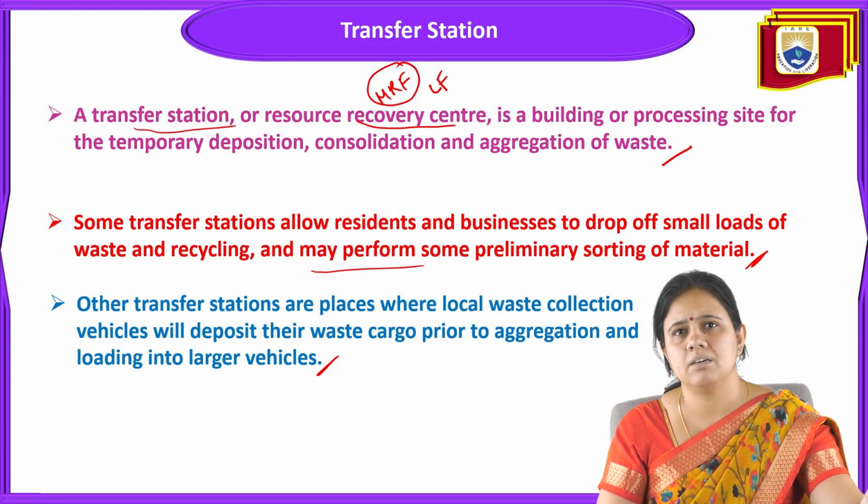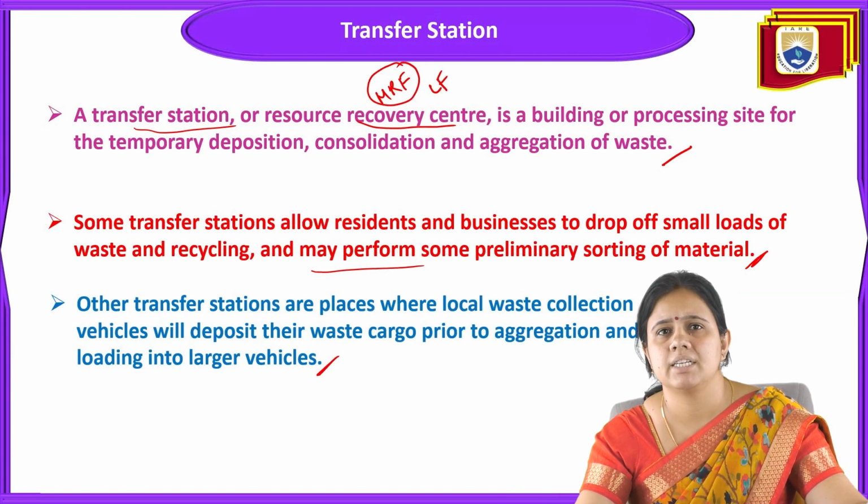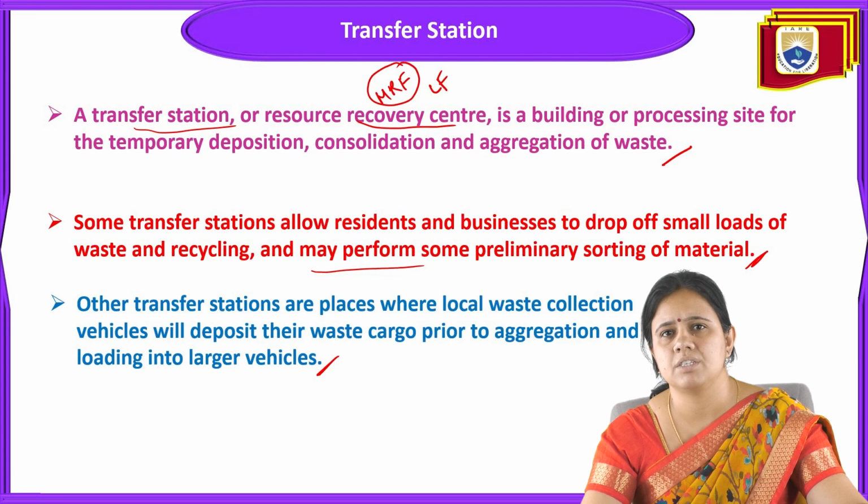Third is that transfer stations are places where local waste collection vehicles will deposit their waste cargo prior to aggregation and loading into a larger vehicle. So these three points are related to the transfer station.